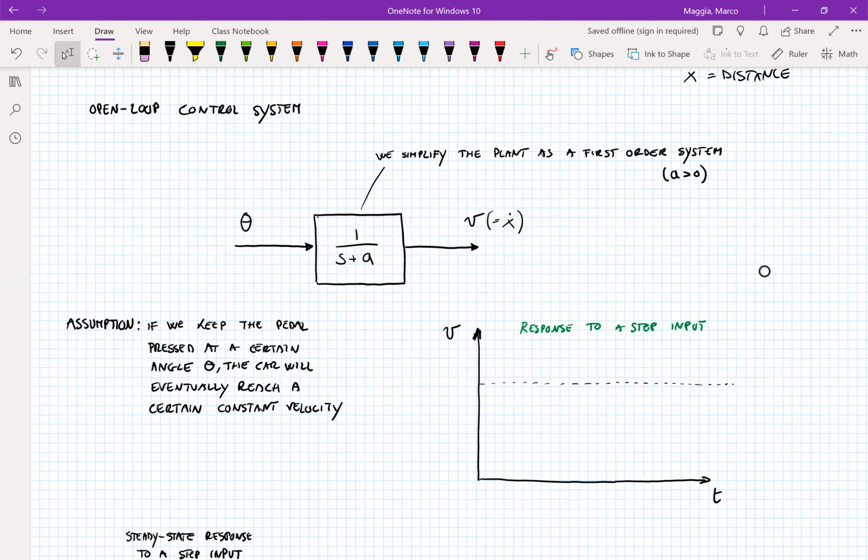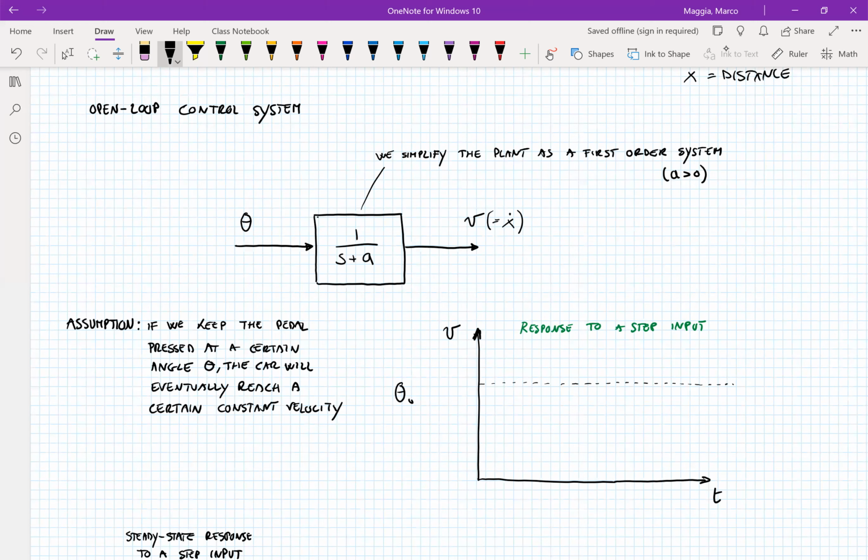So as I said, let's assume that you step on the pedal and you press it down almost instantaneously to a certain angle. So you're performing a step input. So let's say that your step input is a certain angle, theta 0. So what is going to be the final velocity of the car, the steady state value of the velocity?